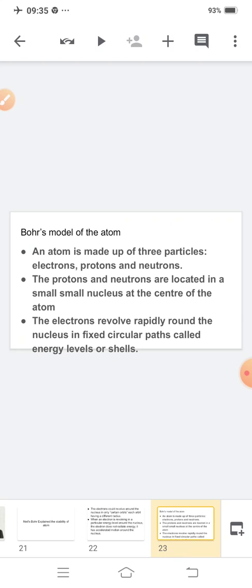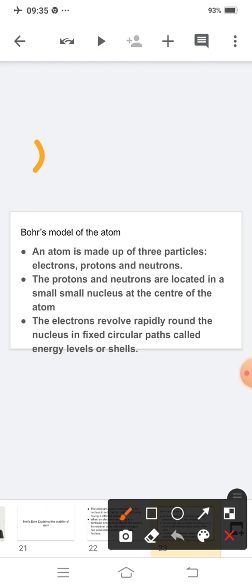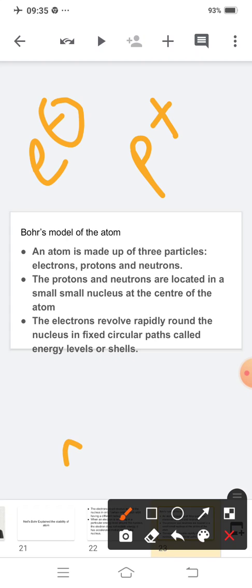Now, Bohr's model of the atom. The first one is, we know that an atom is made up of three particles: number one, electrons; number two, protons; number three, neutrons. Is this clear?